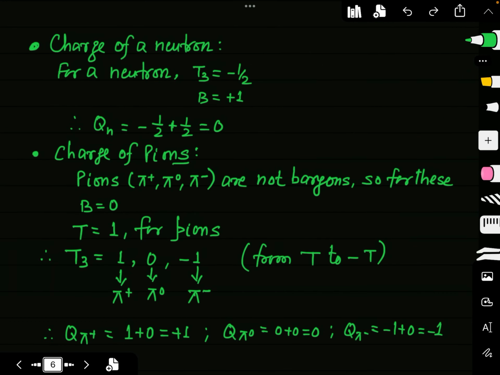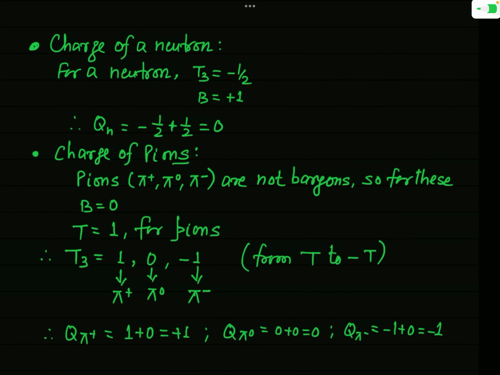Now we will find the charge of a neutron on the basis of this convention. Again, for a neutron you have just seen that T3 is equal to minus half, and since a neutron is also a baryon, its baryon number will be plus 1. So what will be the charge of a neutron? This will be minus half plus half, that will be 0.